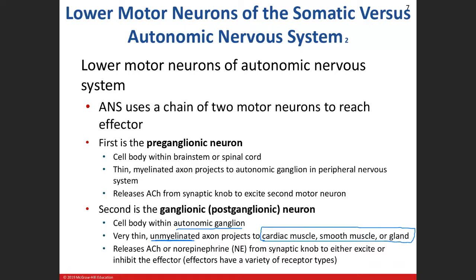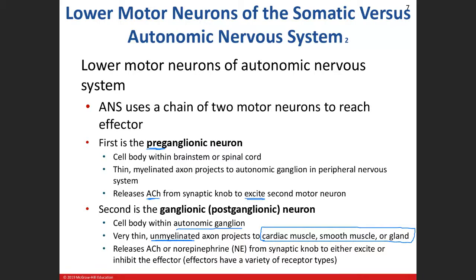Sorry, let me go back to the preganglionic neuron. I got all excited and forgot to mention the neurotransmitter. The preganglionic neuron will release acetylcholine from its synaptic knob, which is always excitatory. That's similar to what we saw in the somatic nervous system.